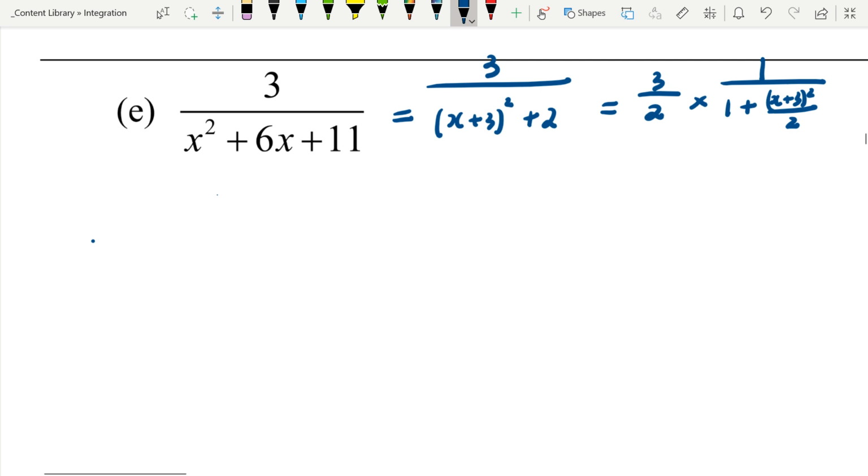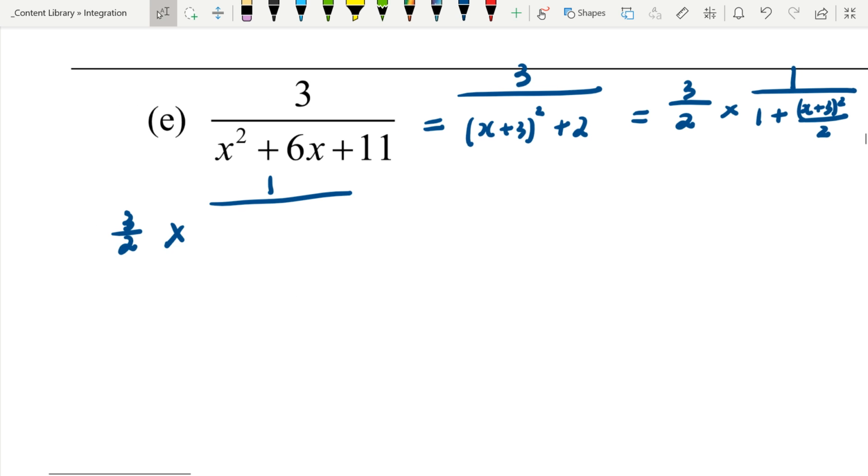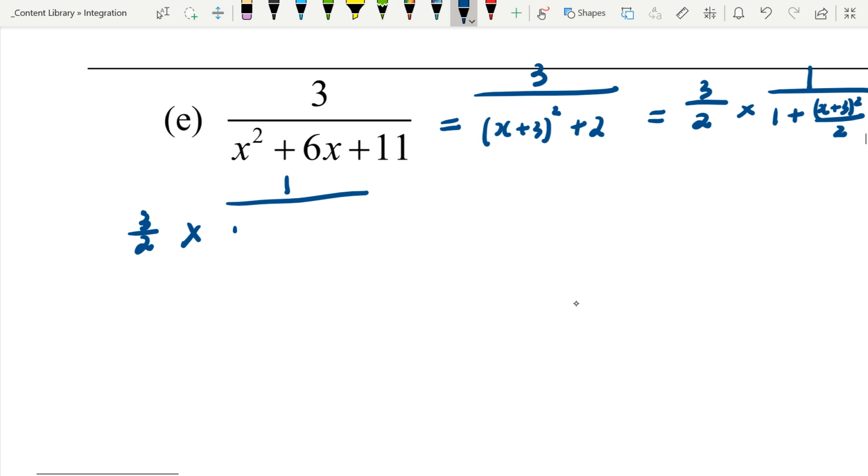So what I can make further is that's 3 over 2 times, I need the gx squared. So that's not in the whole thing squared form. So I will go 1 plus x plus 3, sorry, that's x plus 3 over square root 2 squared.